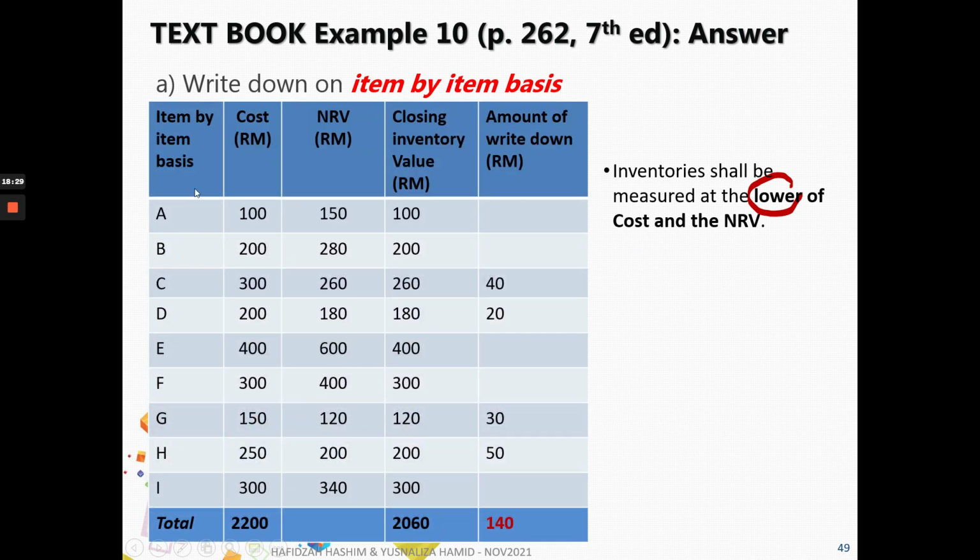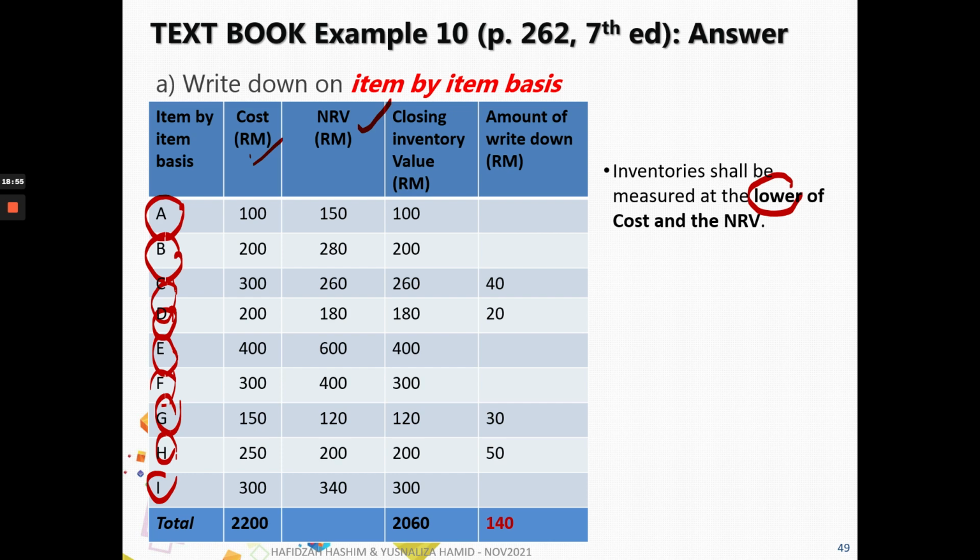So let's look at the item by item basis. If you talk about item by item, you will go directly to the item. There are altogether 9 items here, right? So we'll be comparing the NRV and the cost of each item. This is item by item, regardless of where the group is.